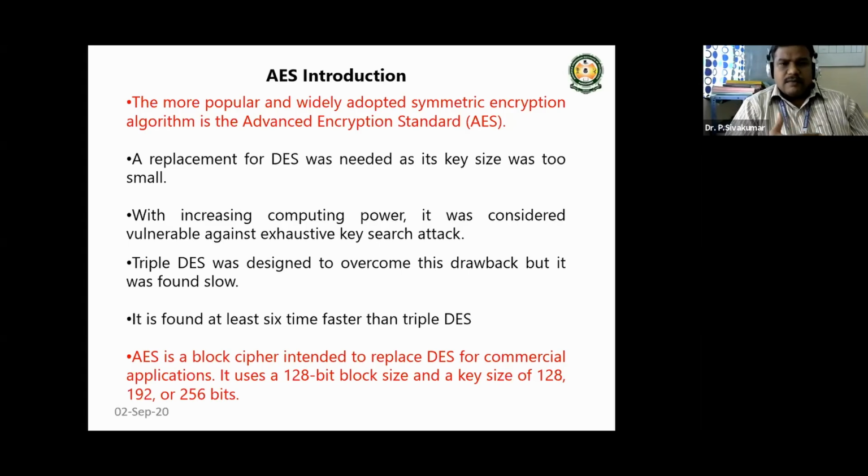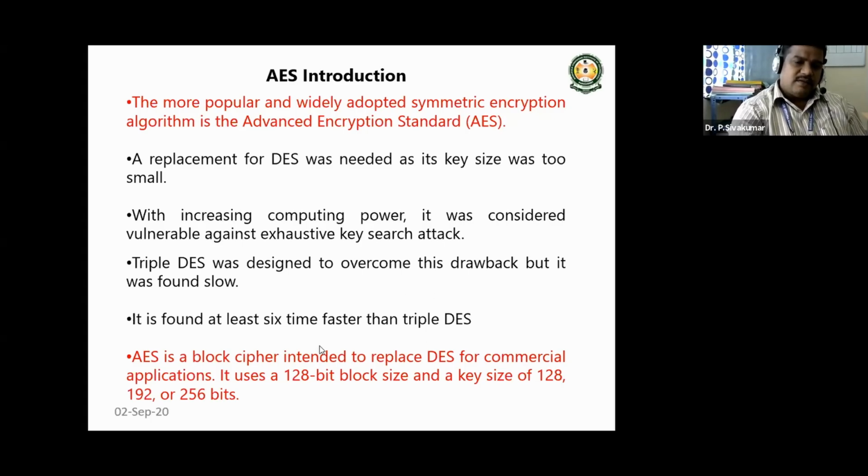But triple DES is very slow computing. That's one problem of triple DES. To overcome all those things, we go for the next level of algorithm called AES. It is also found to be at least 6 times faster than triple DES.